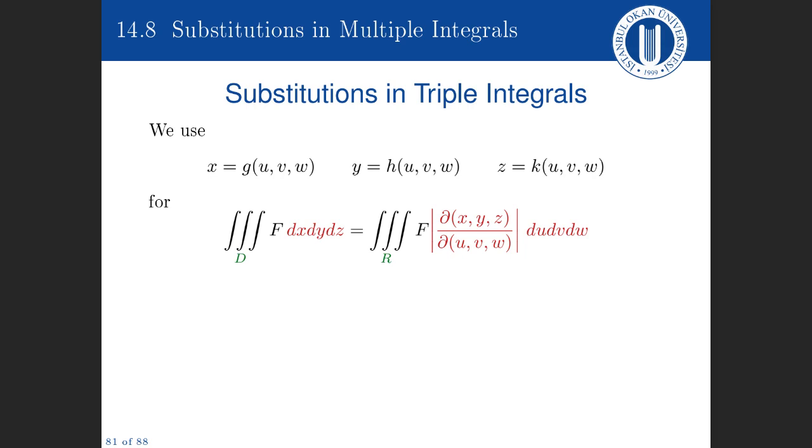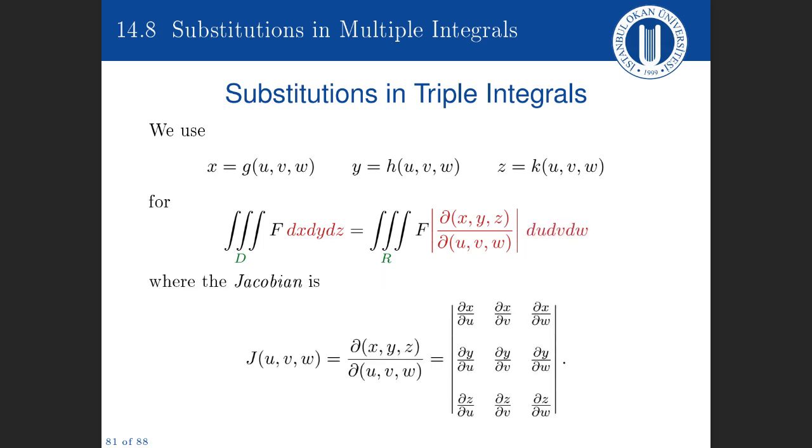We need to change the domain of integration, and we need to change dx, dy, dz into absolute value of the Jacobian, du, dv, dw. Where the Jacobian is the determinant of a 3 by 3 matrix.